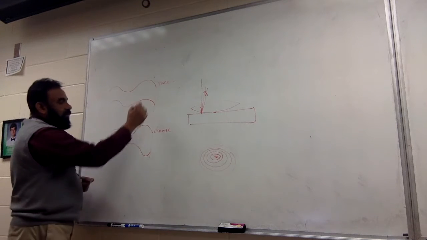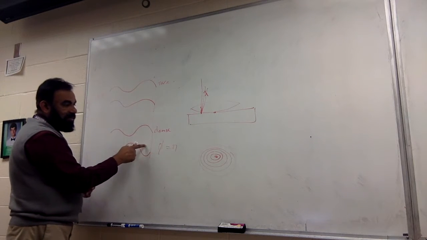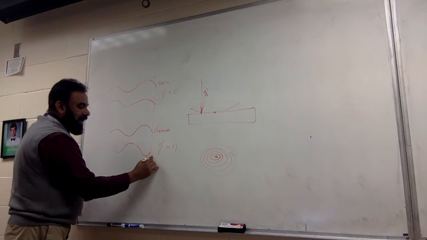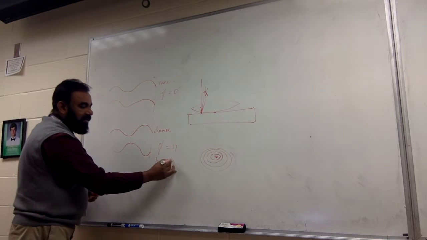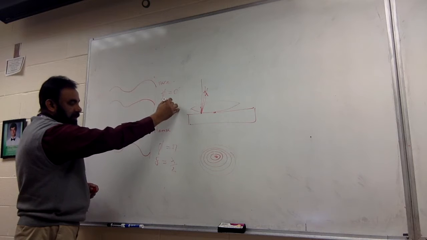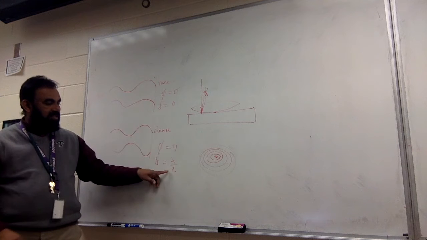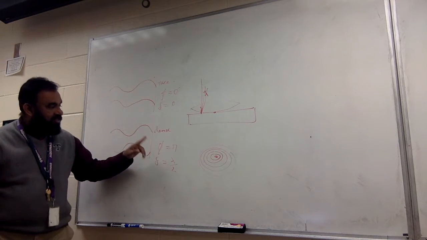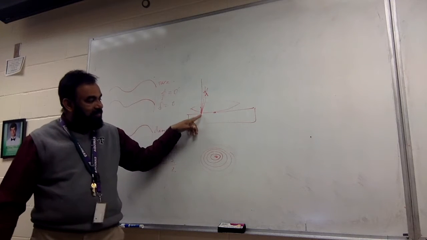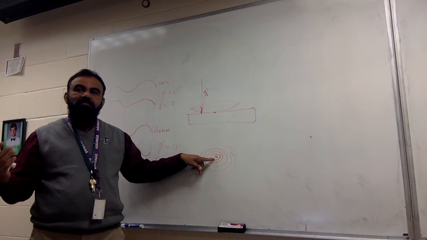So when you talk about a phase change of pi here, and a phase change of 0 here, this corresponds to a path of lambda over 2, and this corresponds to a path of 0. The path difference is going to be 0 here, and there's the lambda over 2, right? And considering this feature also over here, the central one, instead of being bright, is going to be dark, right?